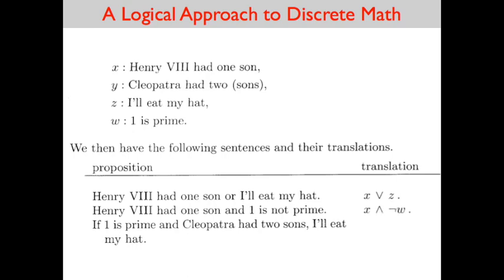Does everybody see how that worked? Okay. And now, shall I ask Rochelle again so everyone else can answer? Mason, what do you think? If one is prime and Cleopatra had two sons, I'll eat my hat.